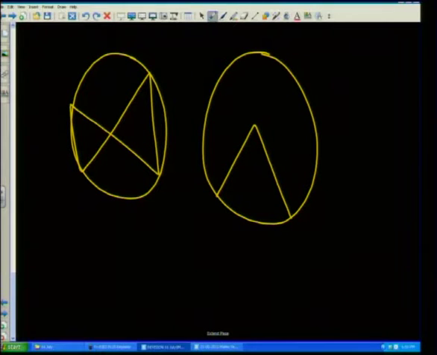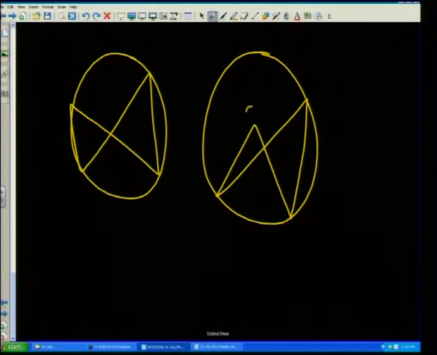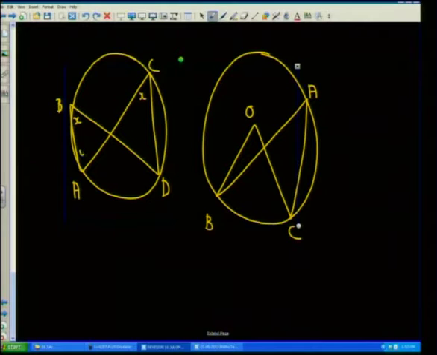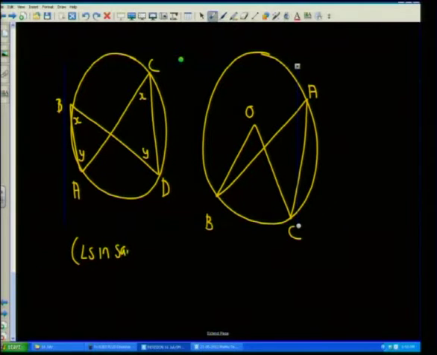Okay, so if I have what I've just been talking about, all right, and if I have this situation, all right, I want you to look at this with interest, very subtle difference. All of these points, A, B, C, and D, are on the circumference edge. Now, this angle here would equal that angle there. This angle here would equal that angle there. And my reason would be angles in same seg.